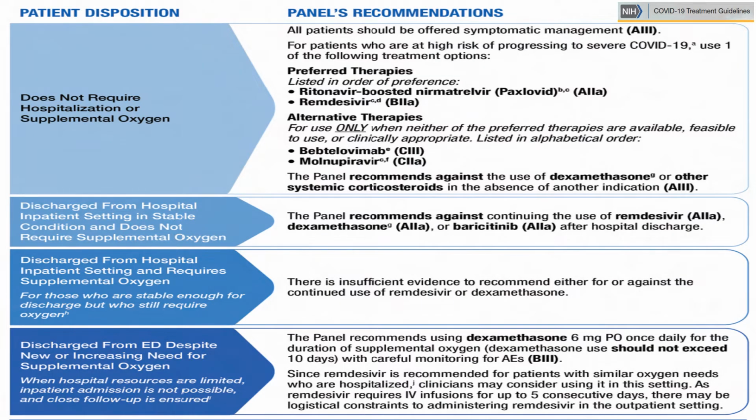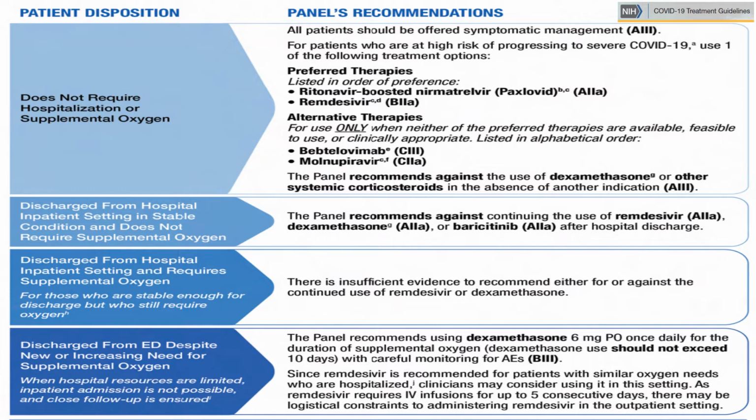About the treatment, I based this on the NIH from the US. In the patient who does not require hospitalization or supplemental oxygen, and who has high risk of progression to severe COVID-19, the option that you should use is nirmatrelvir/ritonavir. This is the first choice, followed by remdesivir if the patient cannot take oral medicine. And the alternative is molnupiravir.